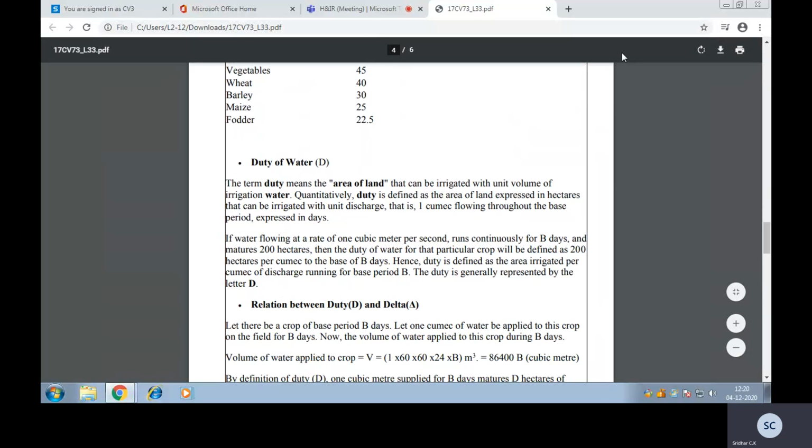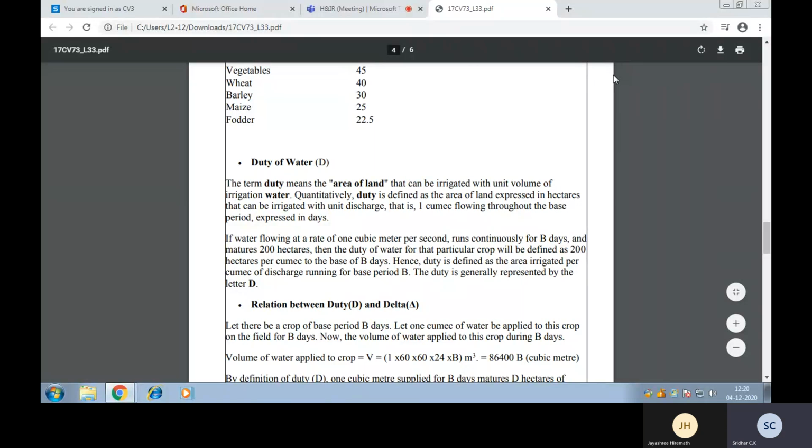Duty means the capacity of 1 cubic meter of water to irrigate. Duty is defined as the area of land, expressed in hectares, that can be irrigated with unit discharge.